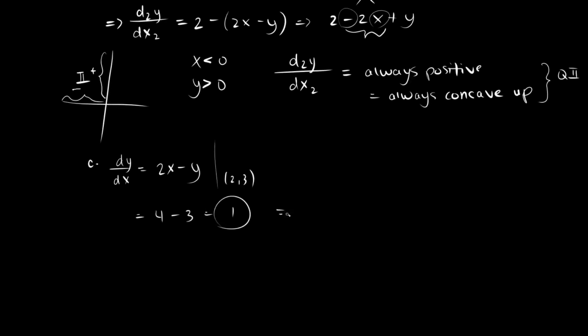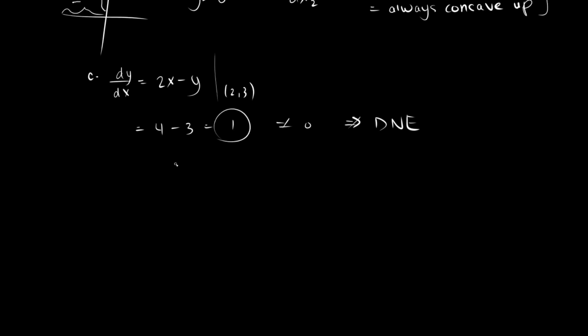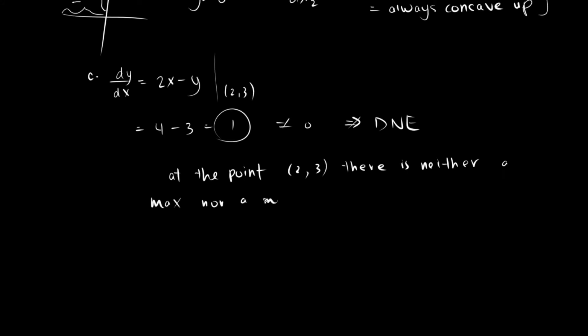And 1 is not equal to 0 and does not exist. So therefore, we can conclude that at the point 2, 3, there is neither a max nor a min.